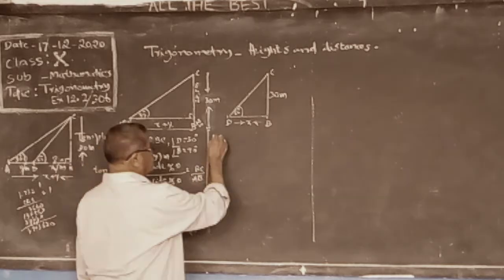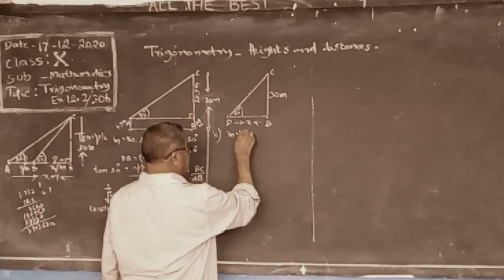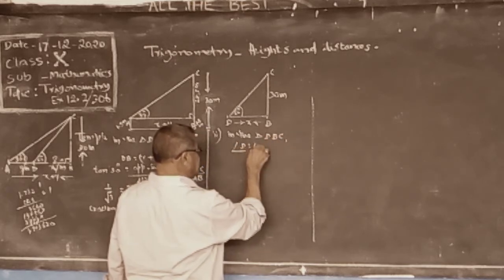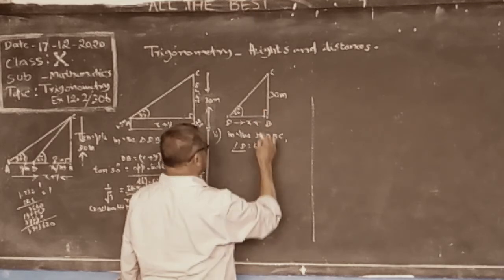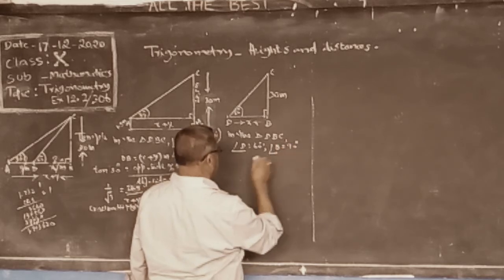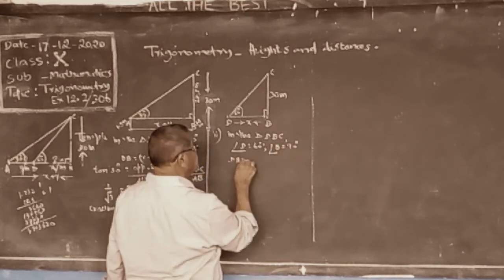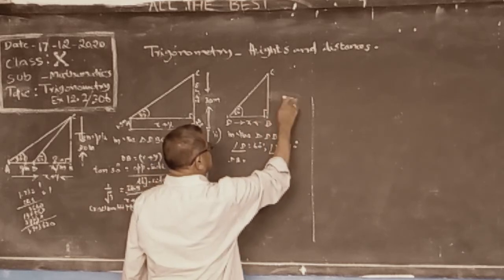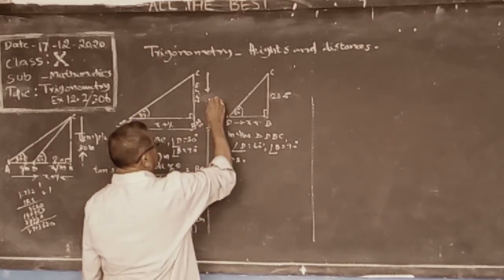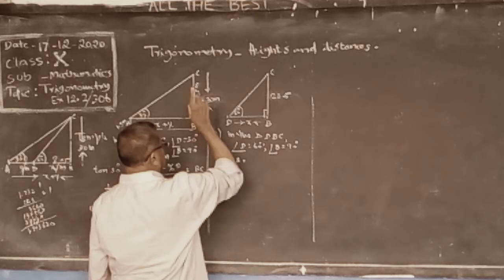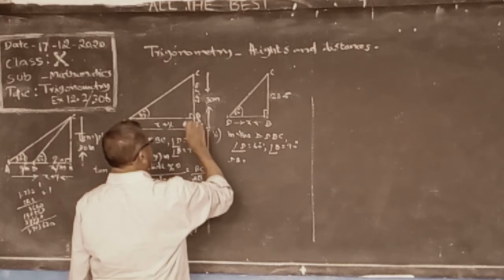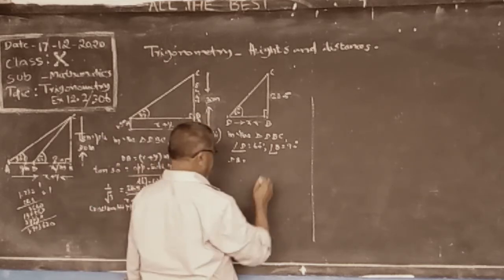And number 2, in the triangle DBC, angle D is 60 degrees, angle B is 90 degrees, and BC is 28.5, DB is x meters.